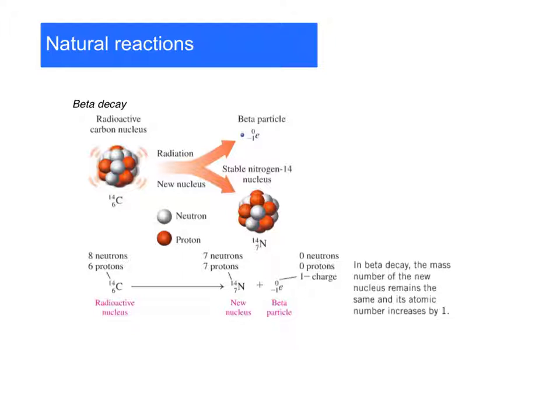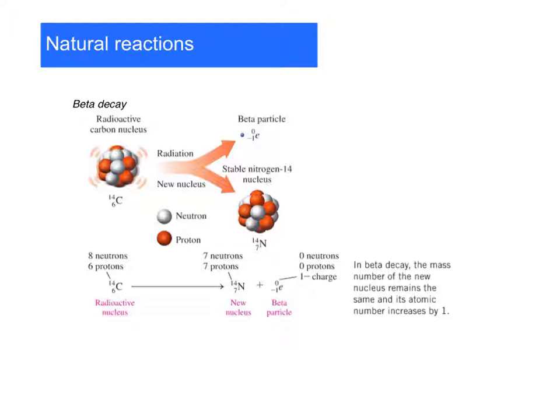The mass of our nucleus does not change because the beta particle has almost no mass. And then we gain a proton because one of the neutrons is converted to a proton. So this generates a new element, in this case nitrogen, because that's the one that has one more proton than carbon. The other product is the beta particle.